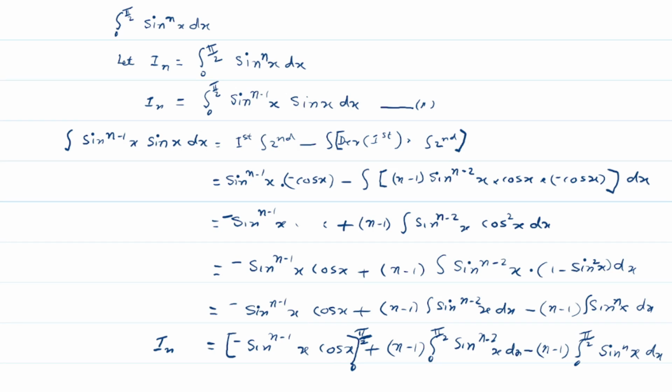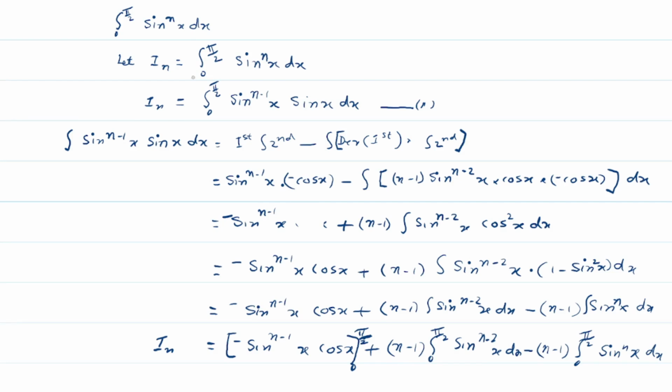So this is equivalent to 0 minus 0, then plus n minus 1 times the integral from 0 to pi by 2 of sine raised to n minus 2 x dx, minus n minus 1 times the integral from 0 to pi by 2 of sine raised to n x dx.